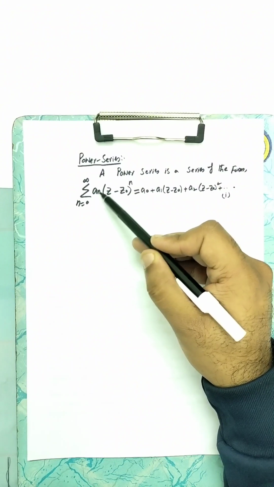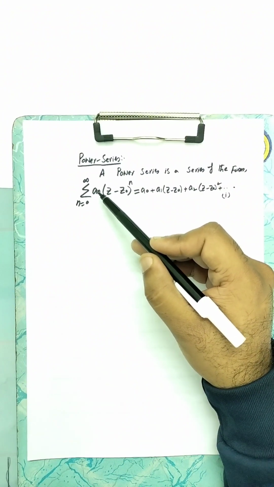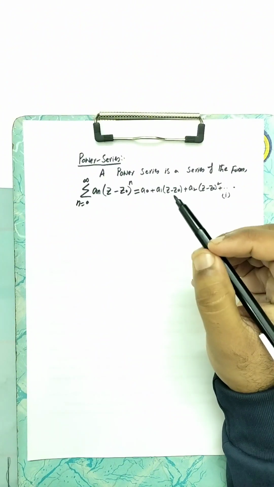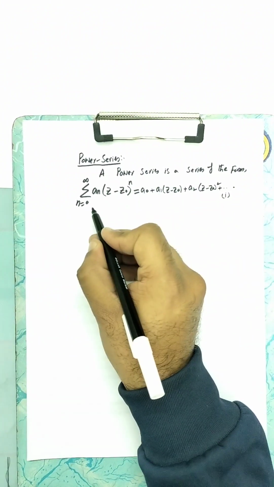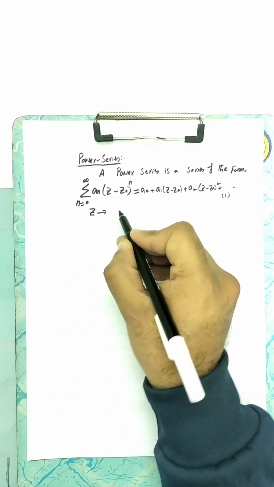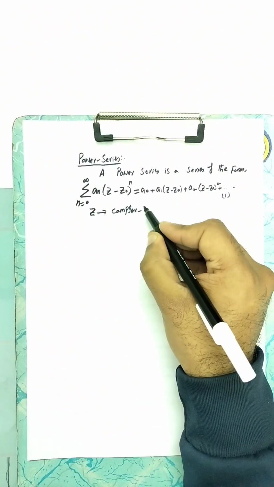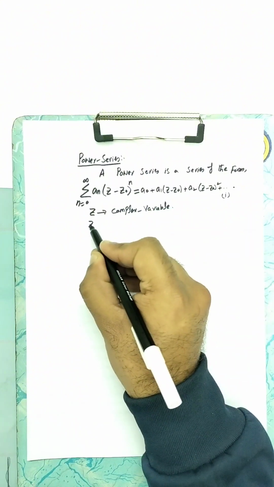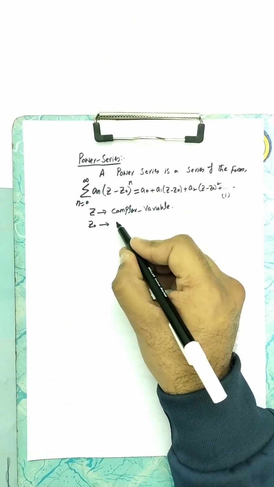In this series z is a complex variable, and z naught is the center of the series.